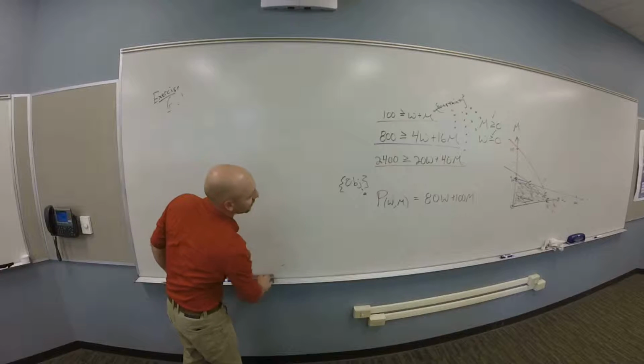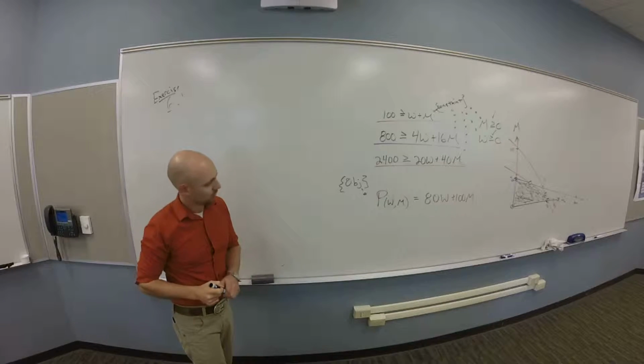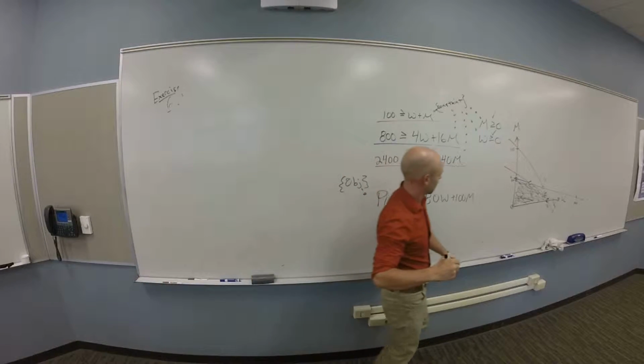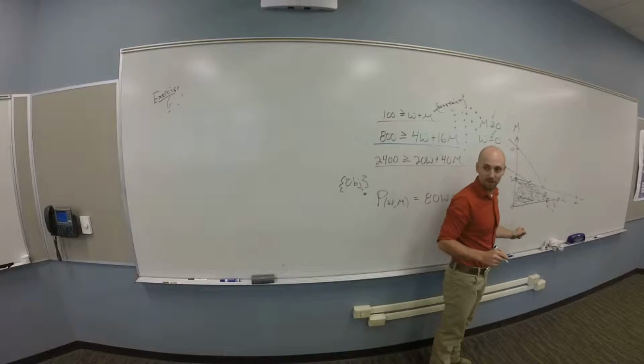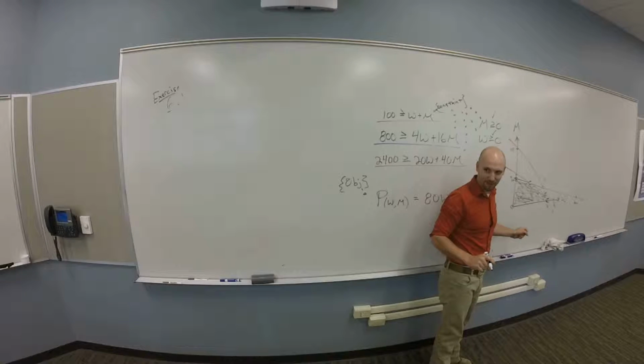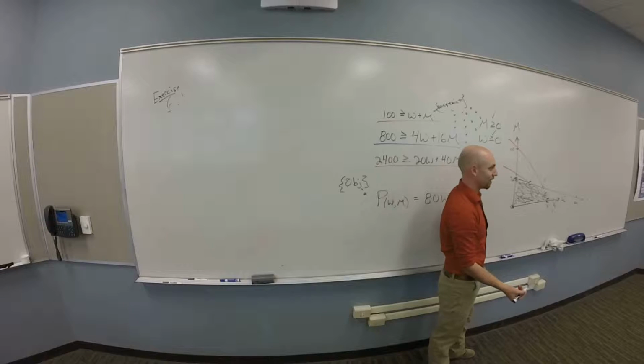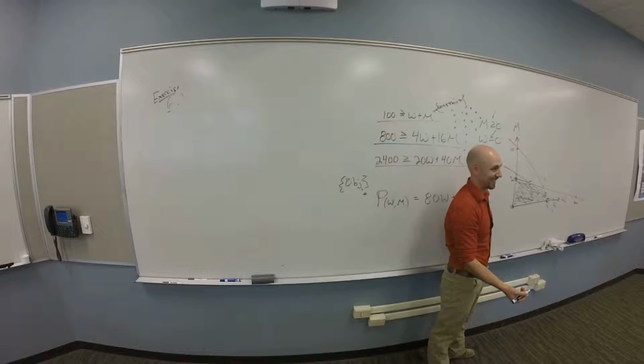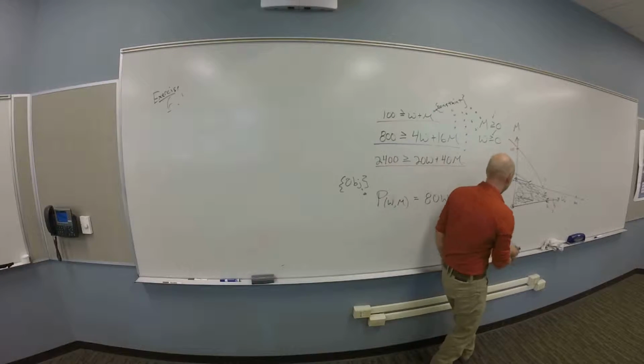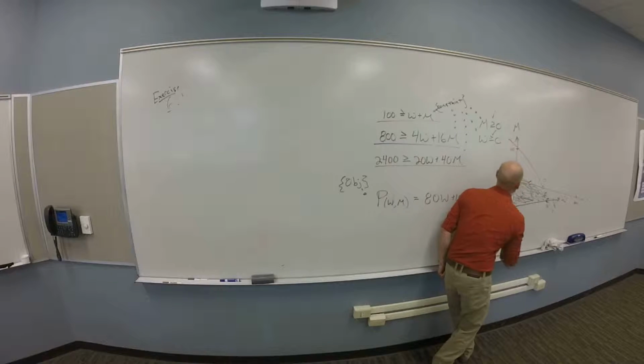All right, so let's see if we can start finding points. Some of them should be easy, right? I like the idea that we have 5 constraints with 5 points. Yeah, that makes me feel better about it too. So I think this one here should be easy to find. What's that? 0, 0. That's 0, 0, right?